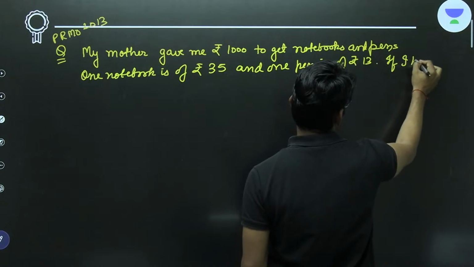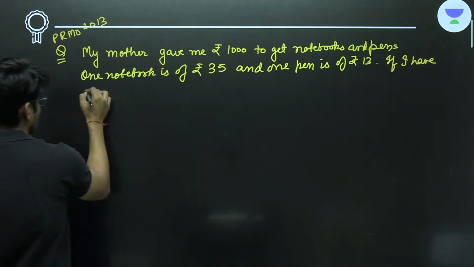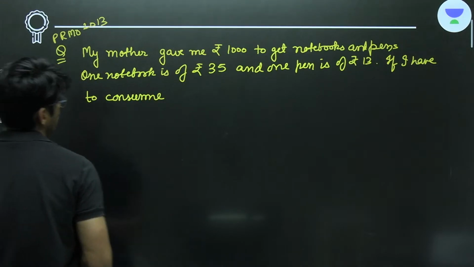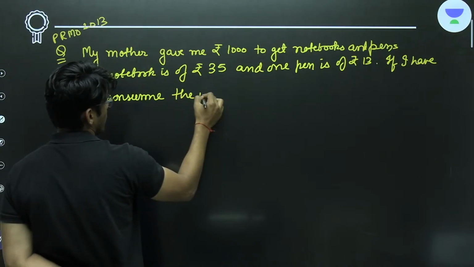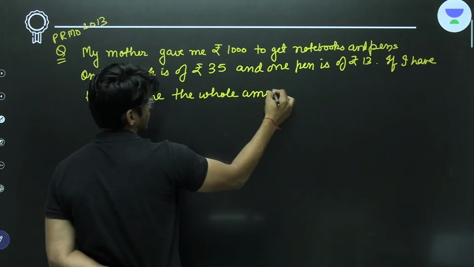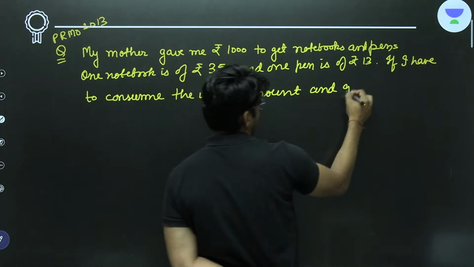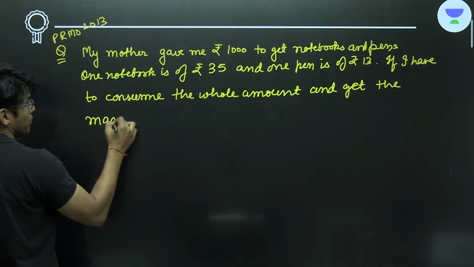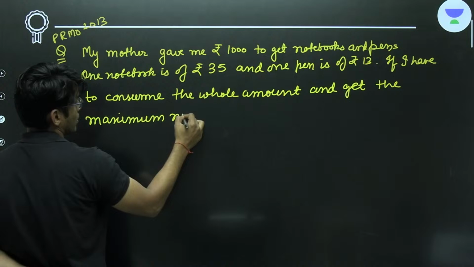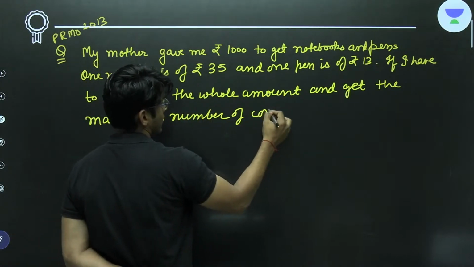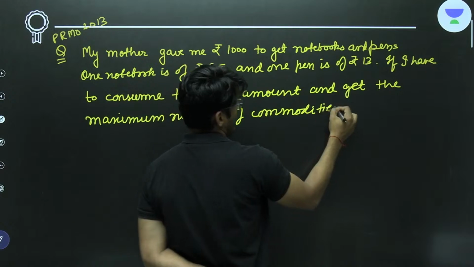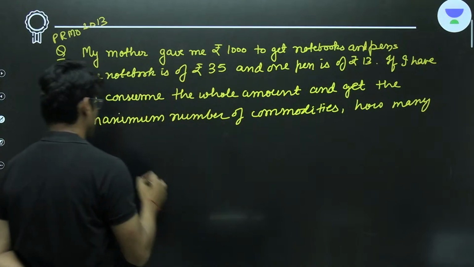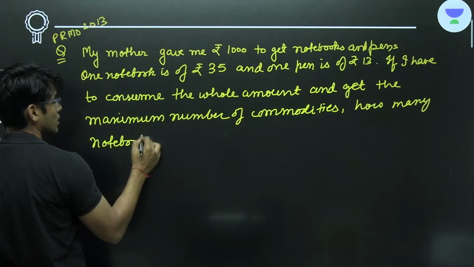If I have to consume the whole amount and get the maximum number of commodities, how many notebooks will I have?